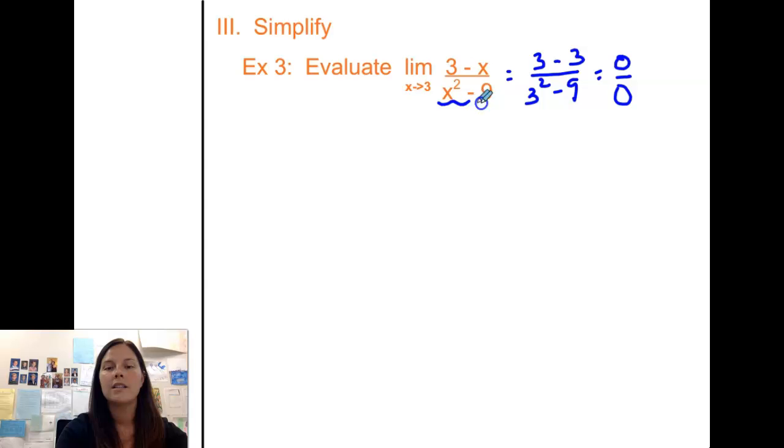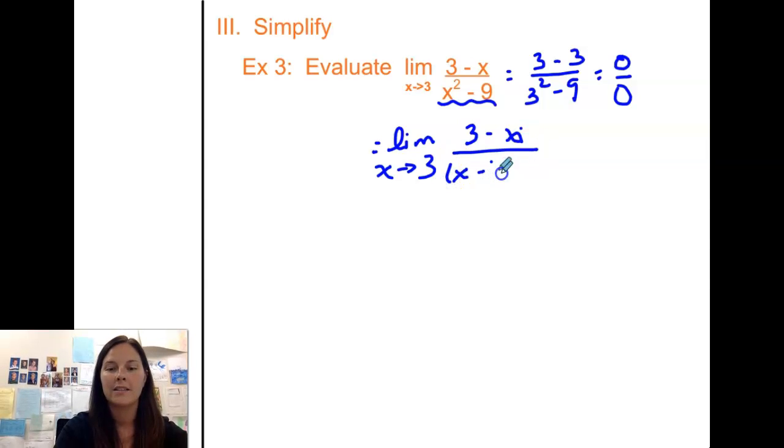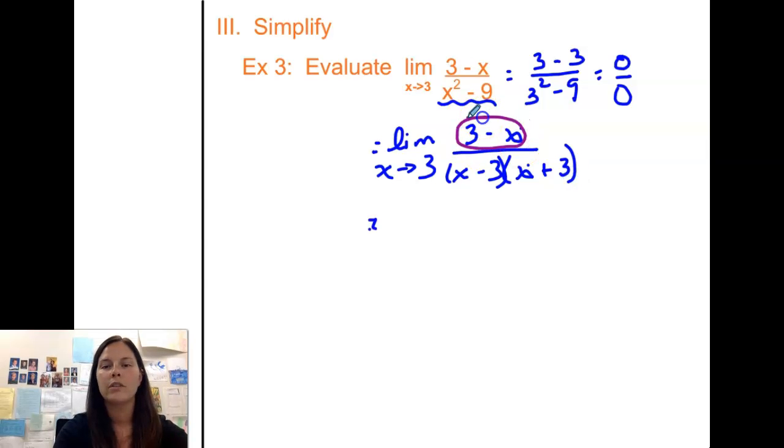What I notice is my denominator is factorable. So I'm going to start by factoring that denominator. Notice now I have my limit notation back because I haven't substituted in for x yet. What I notice now is the numerator and this part of the denominator look pretty similar, but they're opposites.